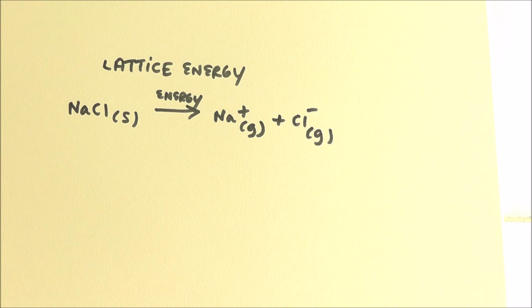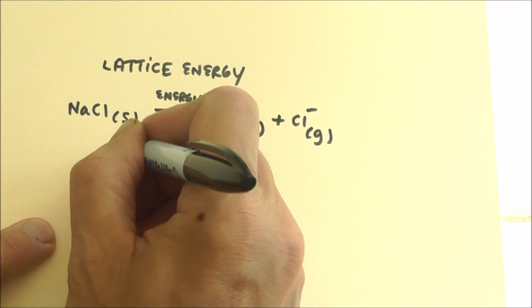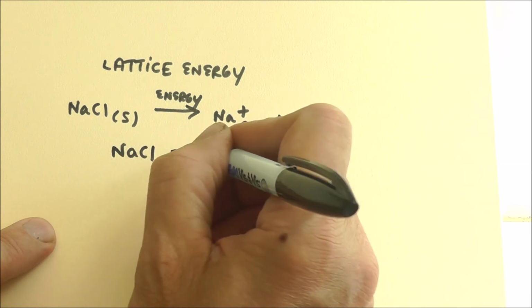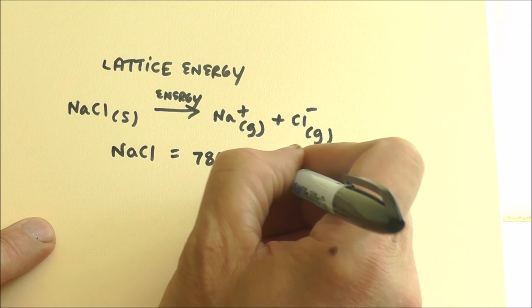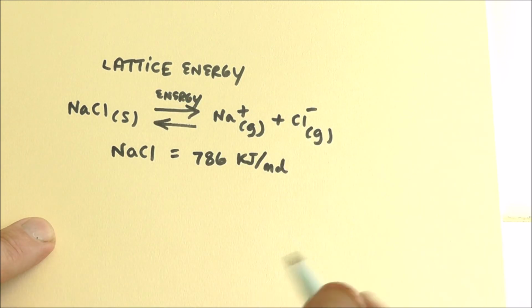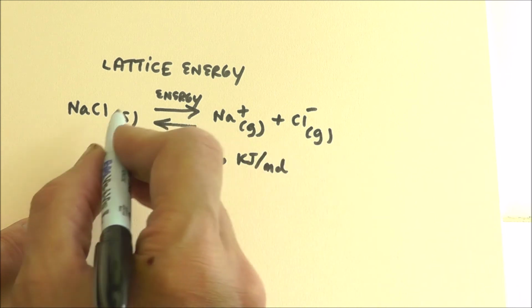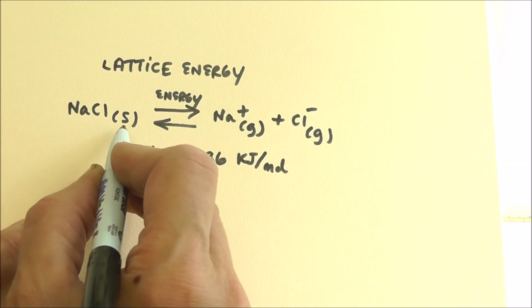And so that would be the same kind of trend. You see NaCl, it would be 786 kilojoules per mole. By the way, you might see it negative. That means you go the opposite way. You could see it done either way. Here it's positive, so that would be input of energy to make a mole of sodium chloride then vaporize.